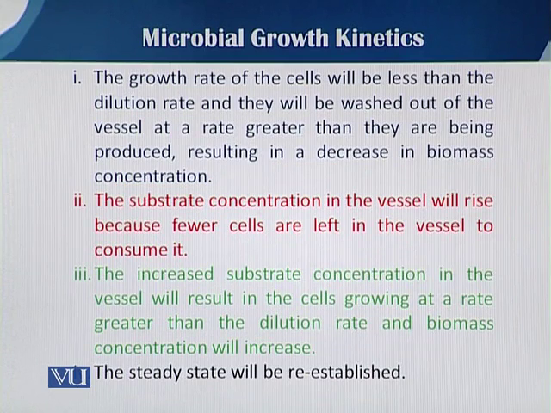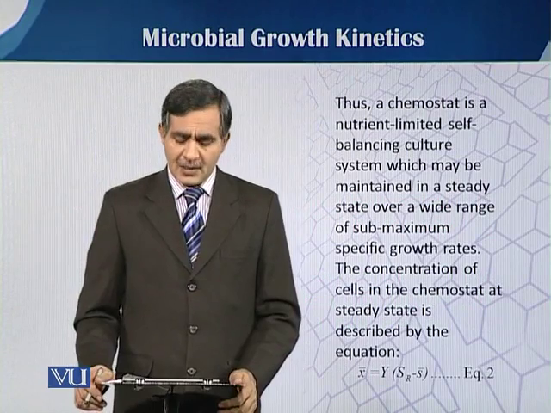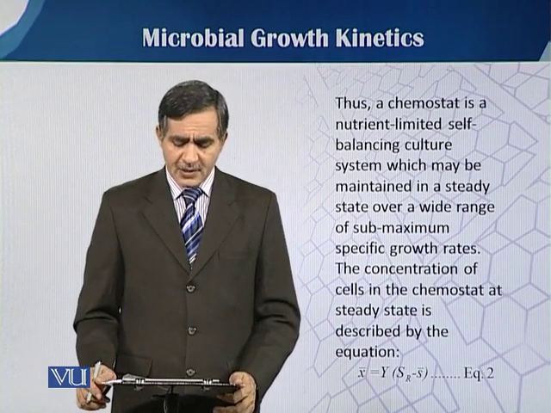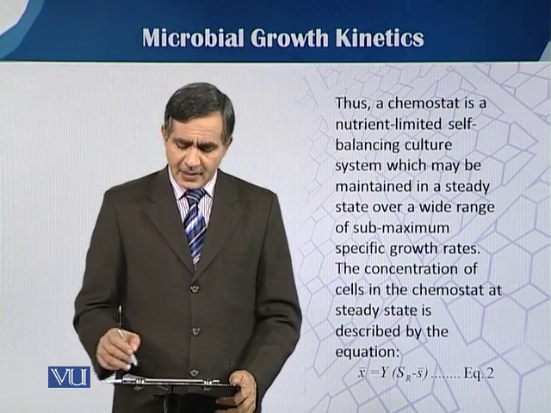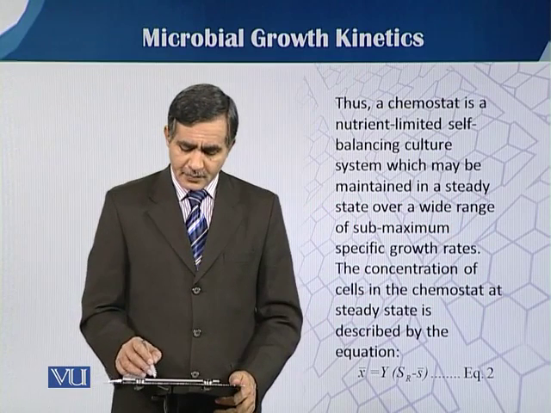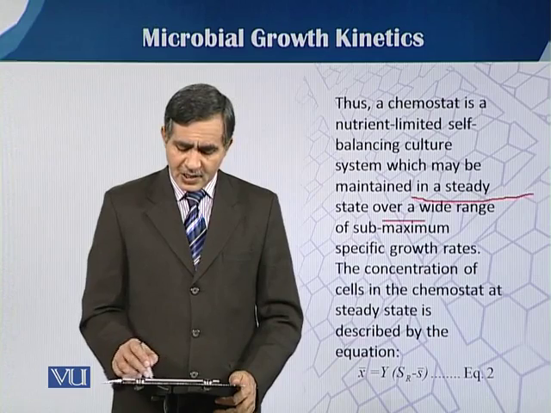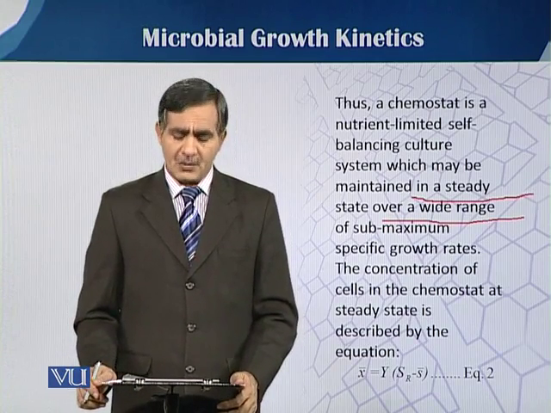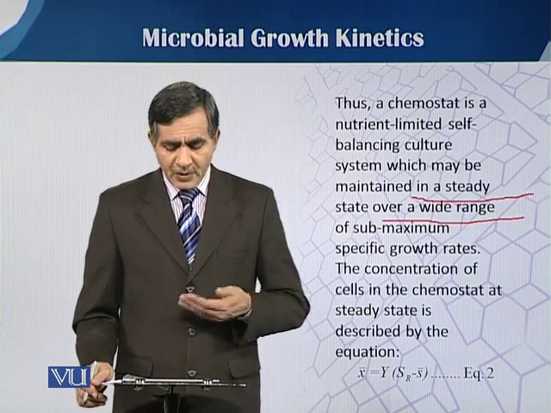In a continuous culture, the re-establishment of the steady state will happen all the time. Thus the chemostat is a nutrient-limited, self-balancing culture system which may be maintained in a steady state over a wide range of sub-maximum specific growth rates.